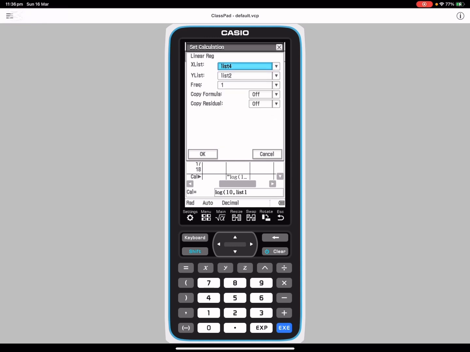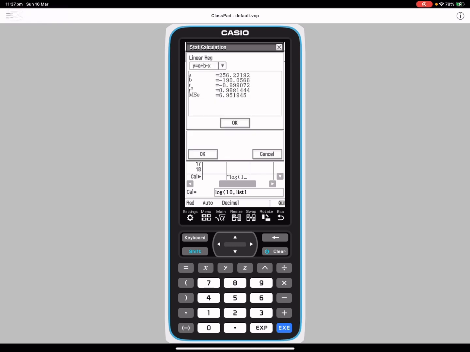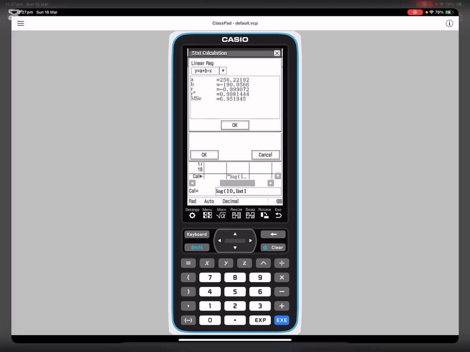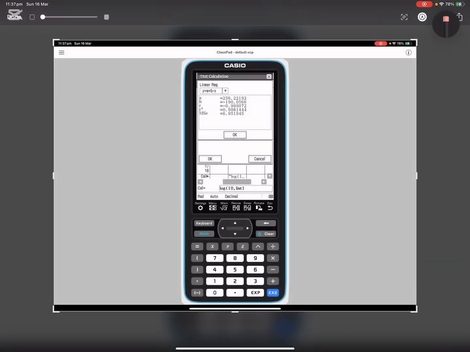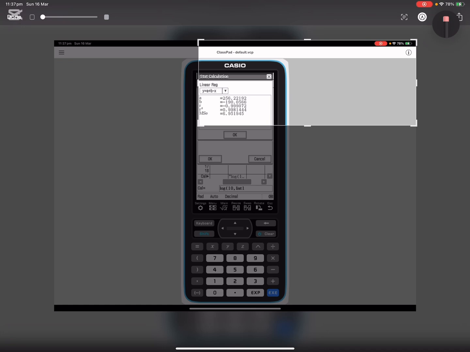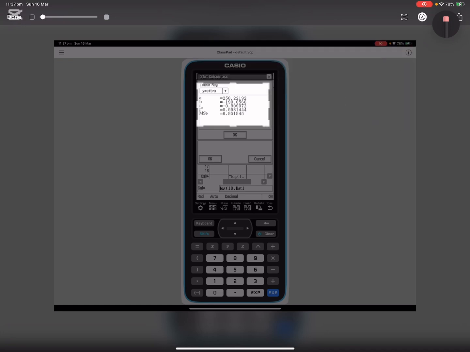Now I also want to check that the transformation was successful. How I do that is I do a test for linearity. So I need to run more residuals, my new residuals, which I'm going to put in my next free list, which is list 5, always. Now this is important because I need to make sure that my R squared has improved, and if this is for your SAC, you will need the A and B values as well.